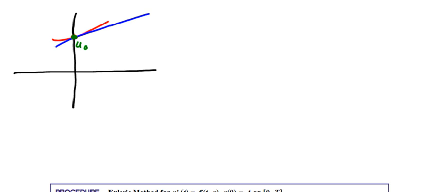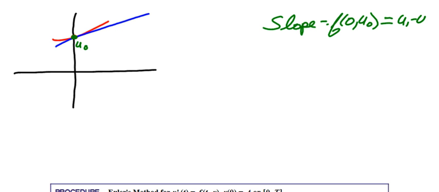So we know slope is the derivative, and I'm going to write it up over here real quick. Slope is going to be, starting at 0 for this example, and u sub 0 is my first y value. It's going to be u sub 1 minus u sub 0, our y value.